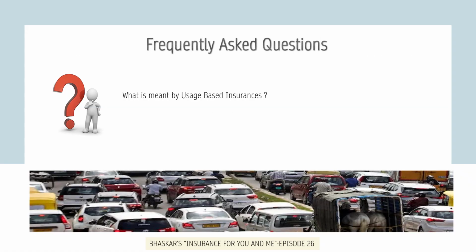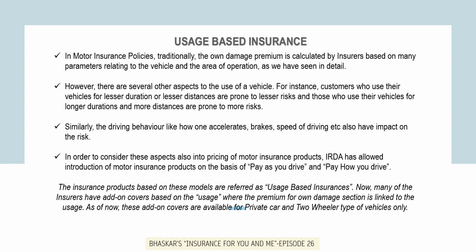The next question we are discussing is what is meant by usage-based insurance. In motor insurance policies, traditionally the own damage premium is calculated by insurers based on many parameters relating to the vehicle and the area of operation, as we have already seen earlier. However, there are several other aspects of the use of the vehicle.